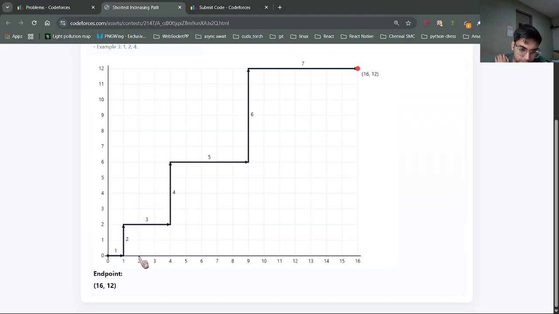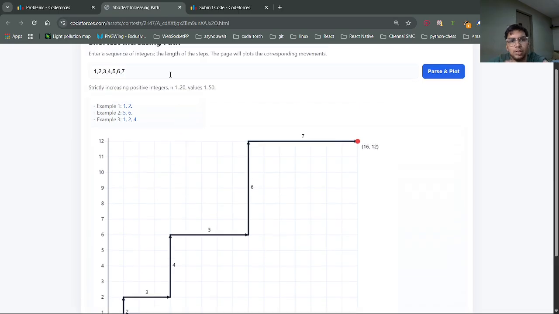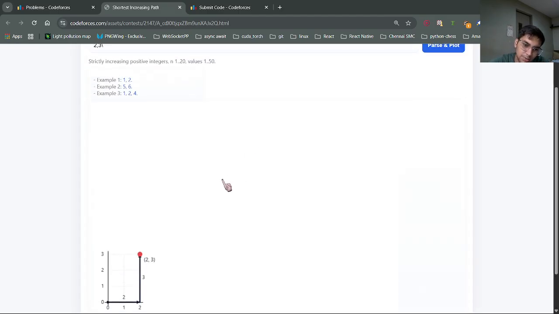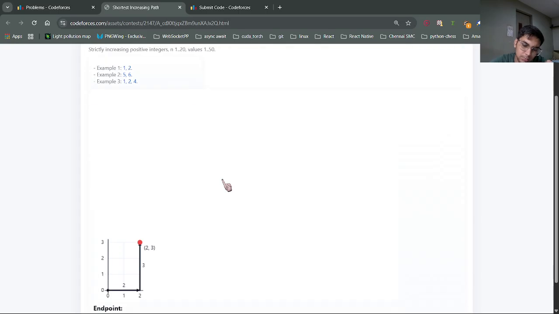Okay, so two, then 1, 2, 3. At this point, I can reach. Here I can't reach, obviously. So here I can reach. Hmm, 2 and then 3, right? Yeah, 2 and then 3. So I can reach there. What is this I'm saying? Right.